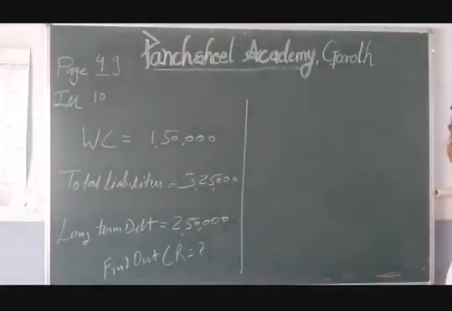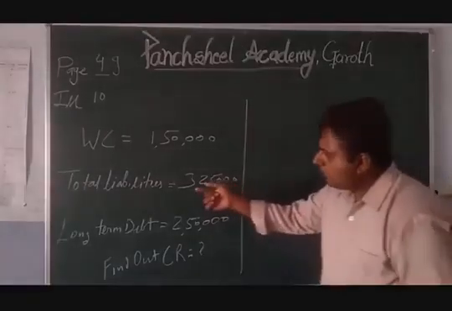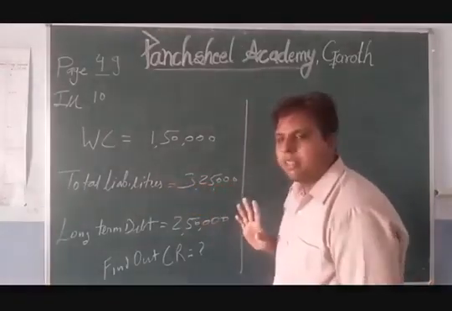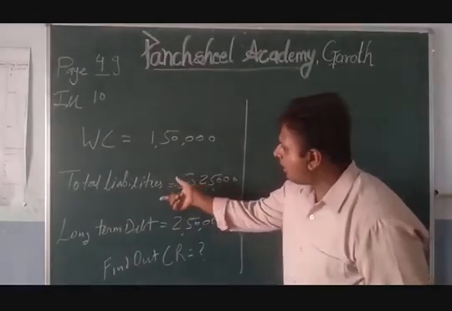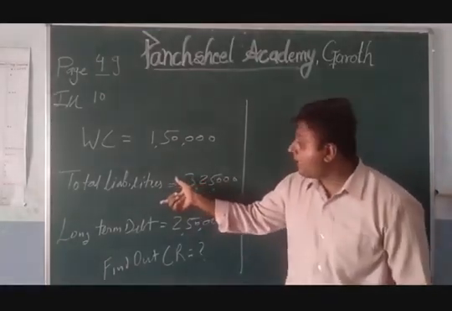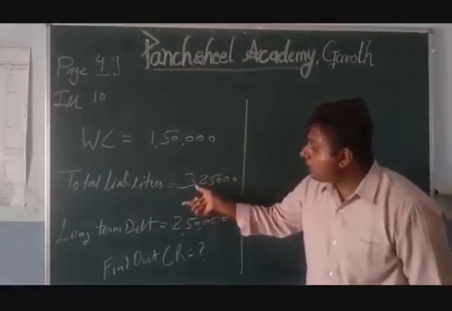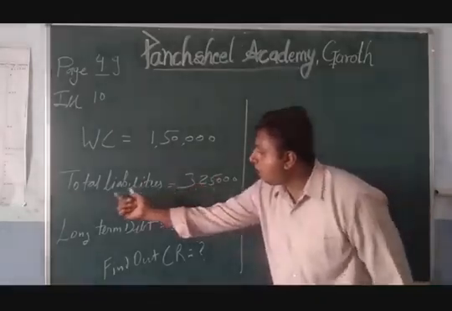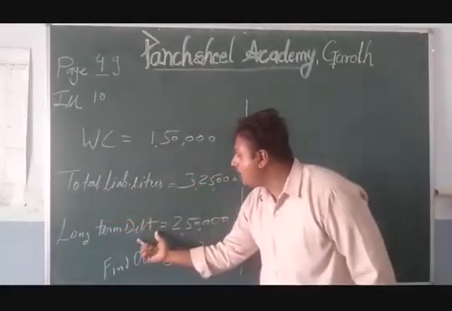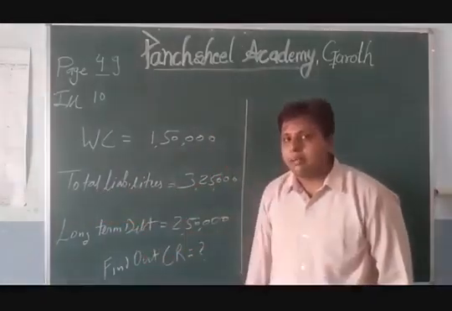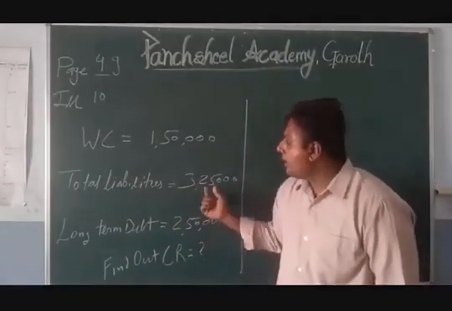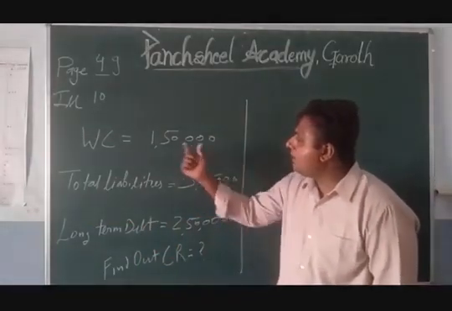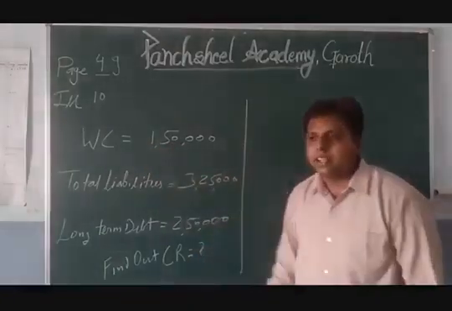Now how will you find the current ratio? First of all I am giving you a clue. Current liabilities: total liabilities minus long term debt will come as current liability. And after finding current liability, we can also find current asset.